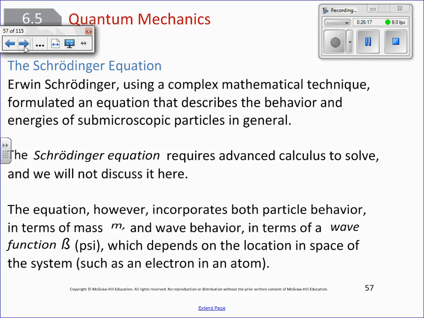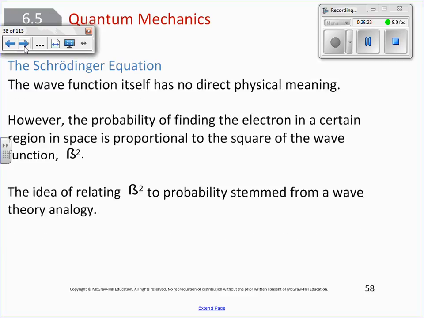So the wave function has no direct physical meaning. The probability of finding an electron in a certain region of space is proportional to the square of the wave function. If you look at the Schrodinger wave equation, it's a whole big long equation with a bunch of those in there. So basically it figures out the probability of where to find an electron.